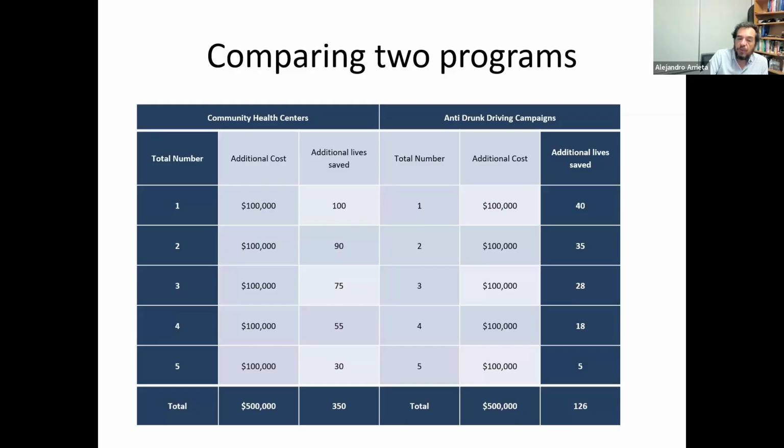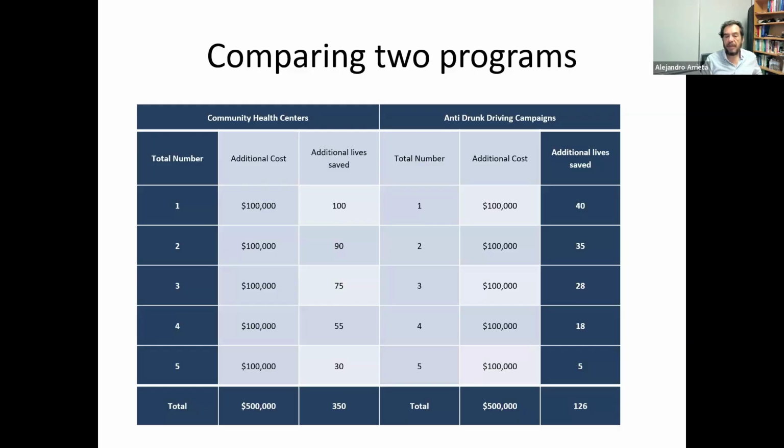Now, compare that to the production. This is how many lives are saved, the production of health associated with community health centers. So we can now think about the production of health of anti-drunk driving campaigns. One campaign costs $100,000 for this example.